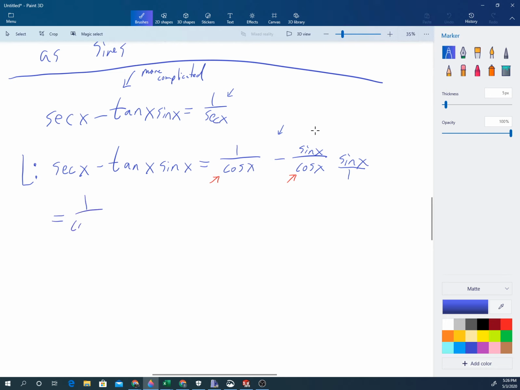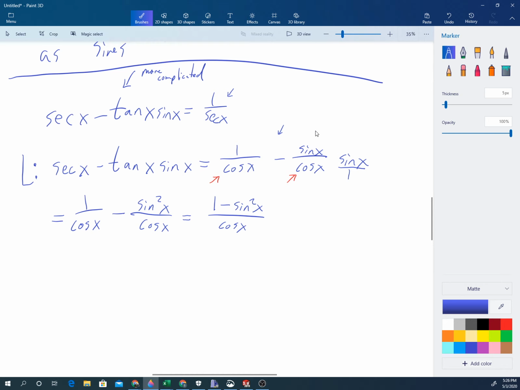So I get 1 over cosine of x minus sine times sine is sine squared all over cosine of x. And again, since I have a common denominator, it is a legal move to put them into the same fraction. Remember, with fractions, you add or subtract the numerators, the top, but the denominator, the bottom, just stays the way it was before.